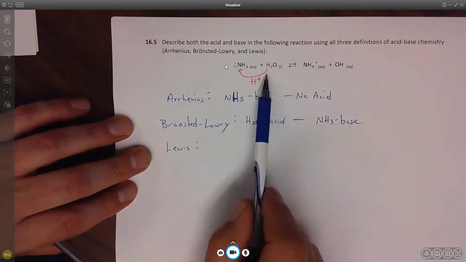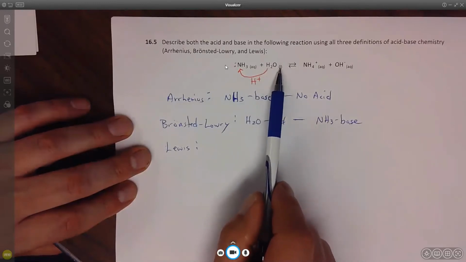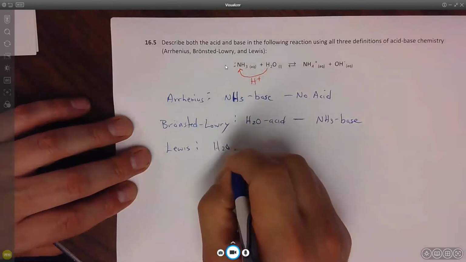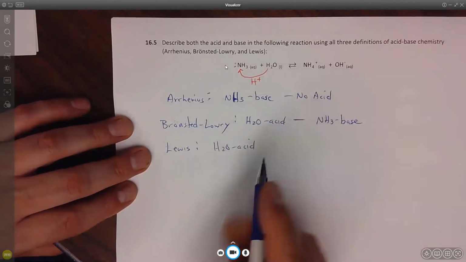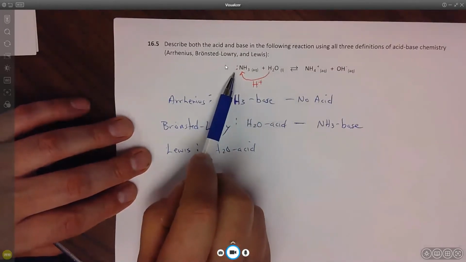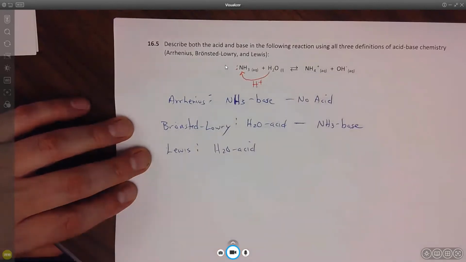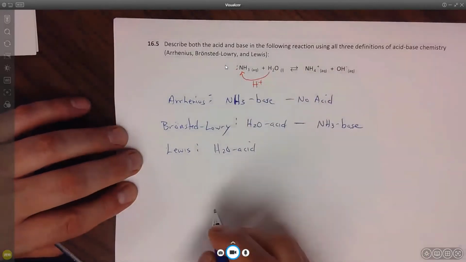So then the hydrogen from the water, right? So that means that the water is the acid, right? It accepted the pair of electrons from the ammonia to make the coordinate covalent bond that's found in NH4 plus.